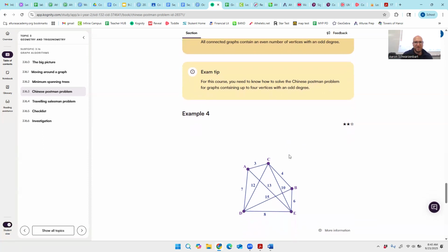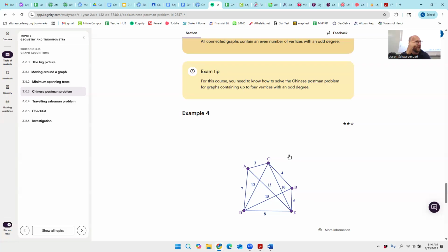Nice exam tip. You only need to know how to solve this problem for graphs containing up to 4 odd degrees for the exam. They're always even, so you need to be able to do it for 0, 2, or 4. 0 was really easy, we just did 0.